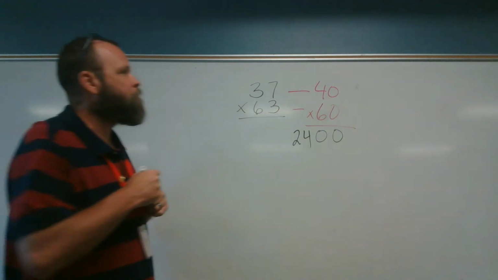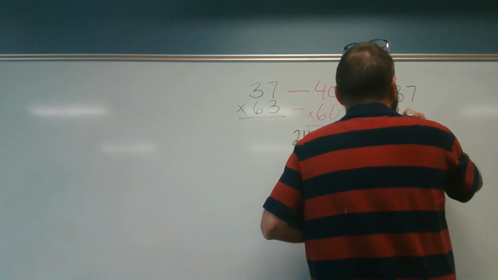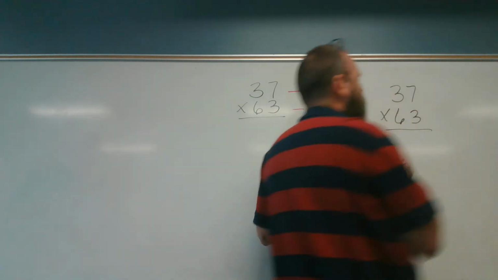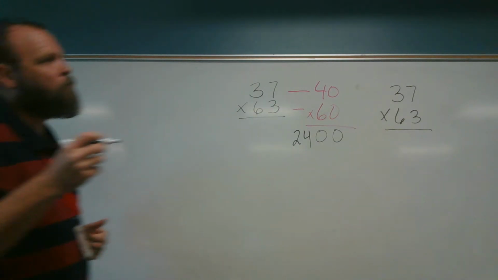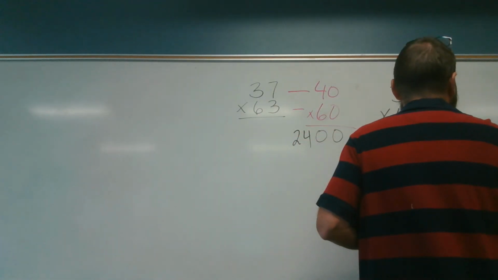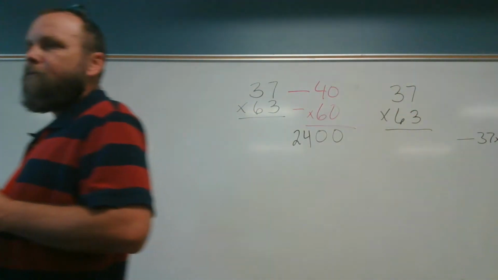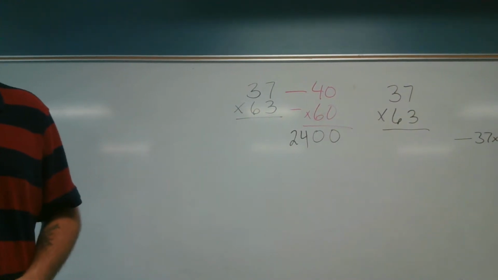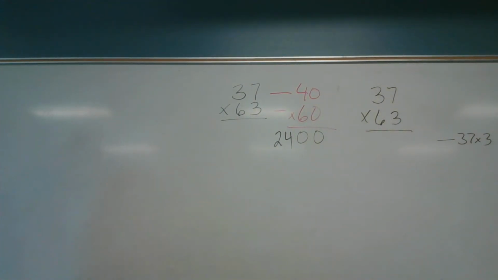Let's do our actual problem. The first thing we're doing is multiplying 37 times 3. Had to get it on screen, sorry.